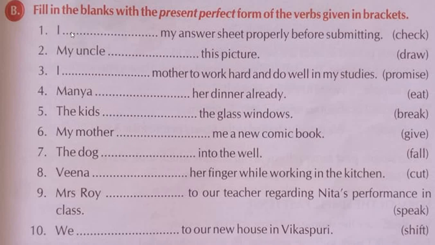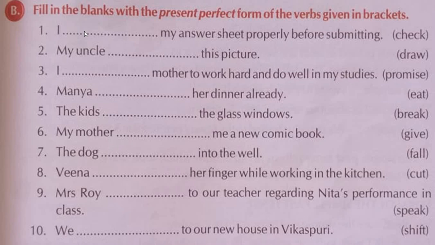So what will you use here, have or has? You need to see the subject. Subject is I. I will not repeat this because many times we have discussed it: with third person singular we use has, and in all others we use have. So with I, we use have.